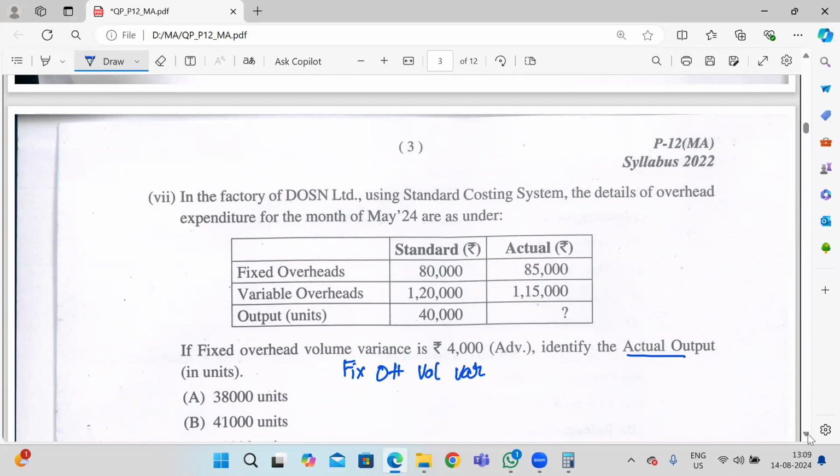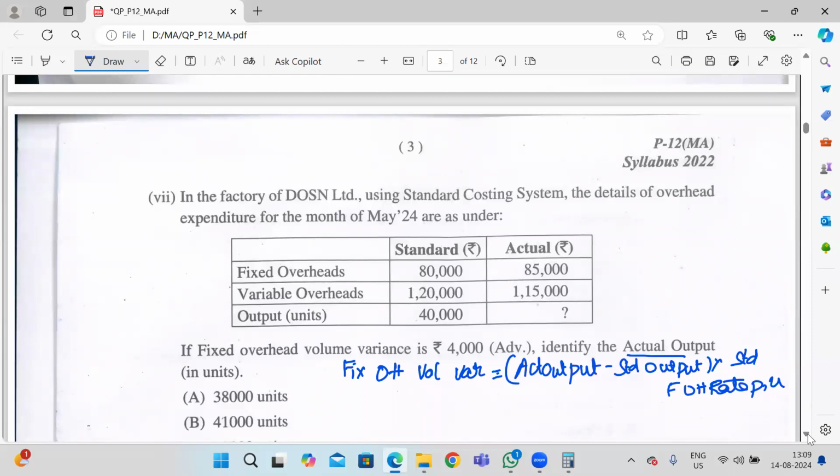If the actual output is higher, it should be favorable, right? I used to write actual output minus standard or budgeted output, whatever it is, into standard fixed overhead rate. Here I am using output, so it is per unit. This is the way I write, so it will be easy for me.